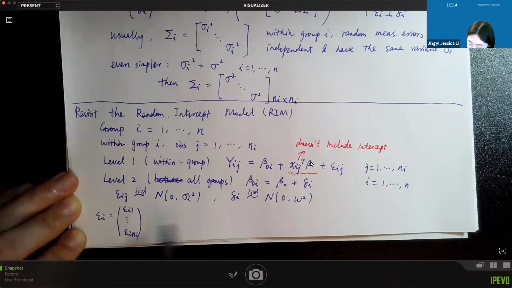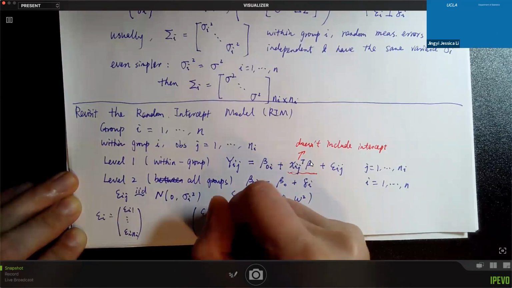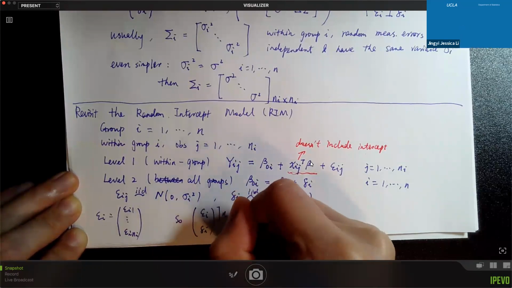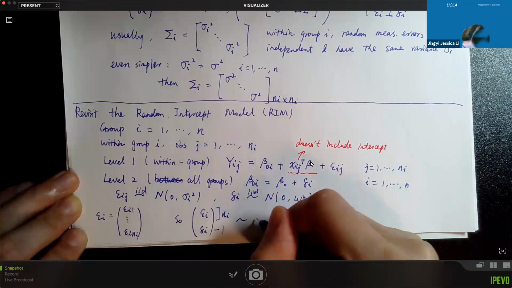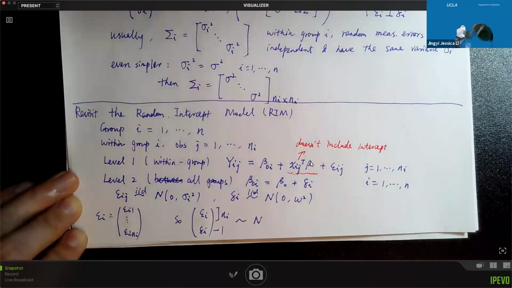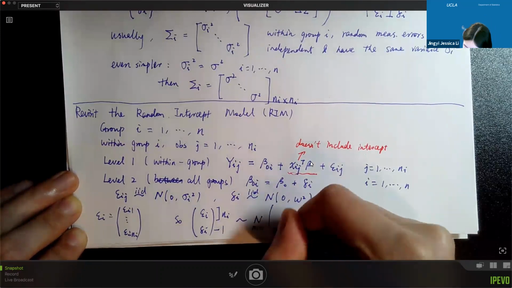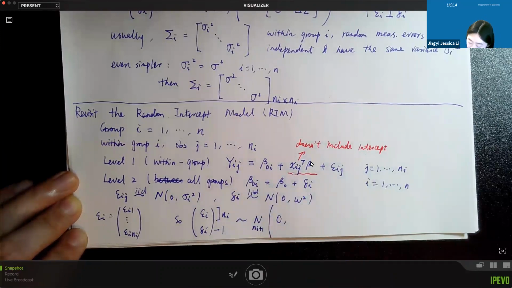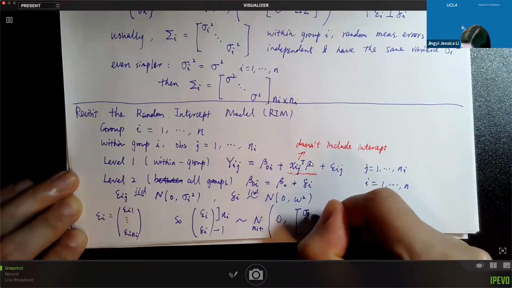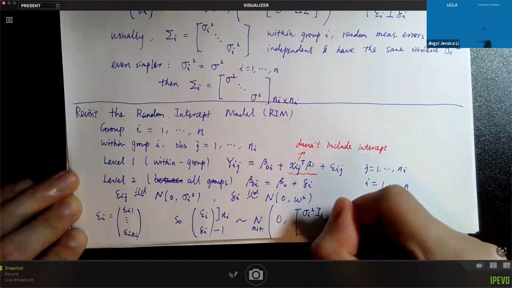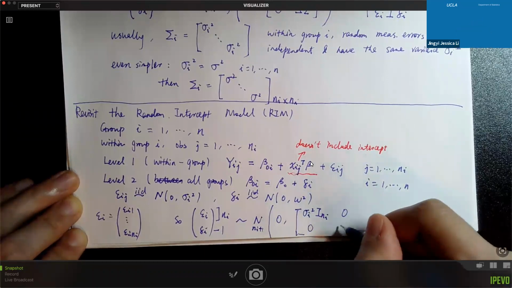So putting epsilon i and delta i together, please note that here I have Ni entries and I have only one entry. That's how their proportions are. They will be together a multivariate normal distribution with dimension Ni plus 1 and mean 0. And now the covariance matrix would be sigma i squared times an identity matrix with dimension Ni, 0 here, 0 here, and in the lower block it's just one by one. This is omega squared.